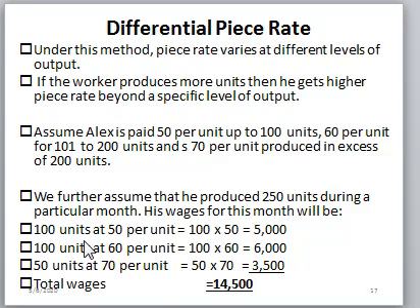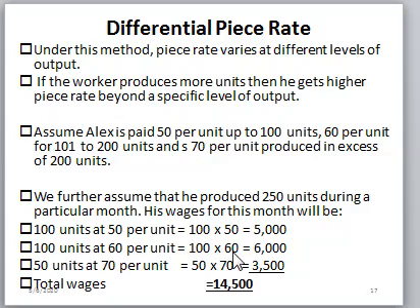Because they told us he produced 250 units, the first 100 units the employee is going to be paid 50, which is 100 units times 50, giving 5,000. Anything between 100 and 200, meaning another 100 units, will be paid at 60.